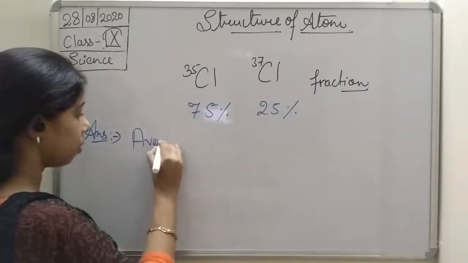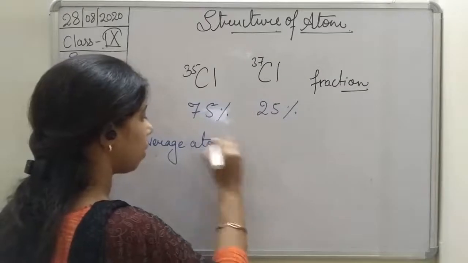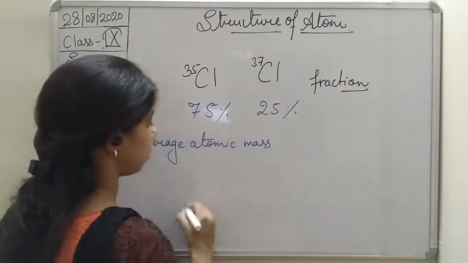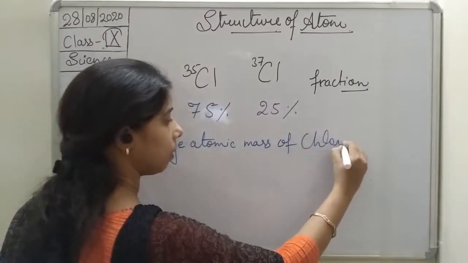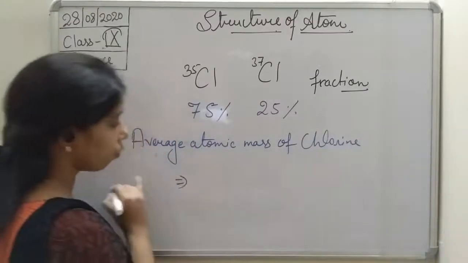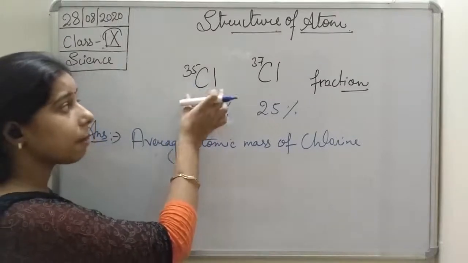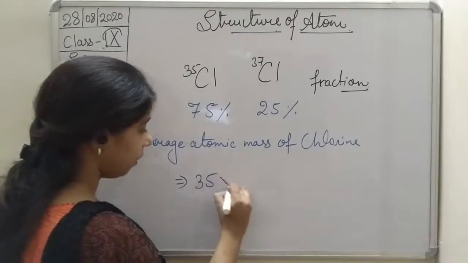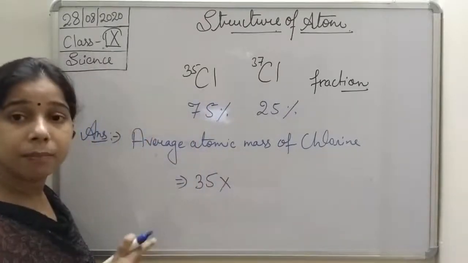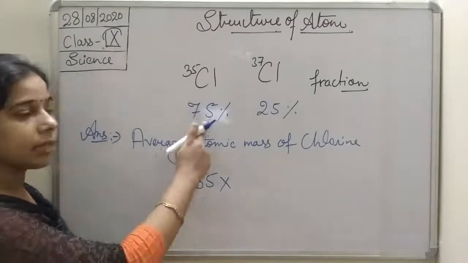average atomic mass of chlorine will be equal to, students. Now see, what is the mass number of chlorine? That is 35. So 35 into, what is the percentage of chlorine 35 present in nature? That is 75.